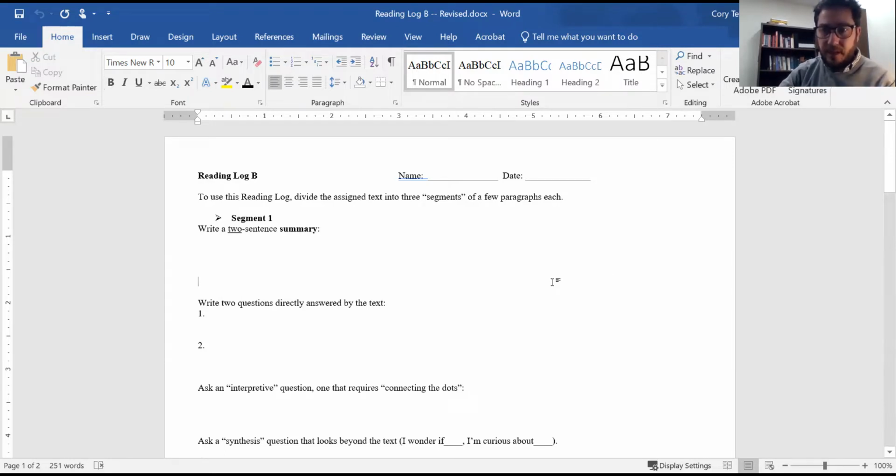So for example, if I were doing the dumpster diving essay, which in this case happens to be the first one that you're asked to do using reading log B, what you should do before you start is divide that rather lengthy essay into 3 sections. Now, it doesn't really matter how long those sections are or where you make that division.